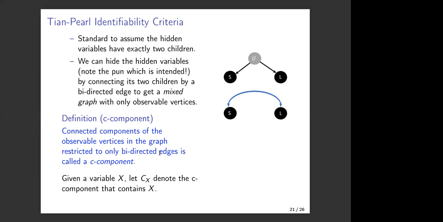Now I'm only looking at the graph with the bidirected edges and at its connected components, and the maximal connected components are called C-components. For a given variable x, you can look at the C-component of that variable, and I'll denote it by Cx.